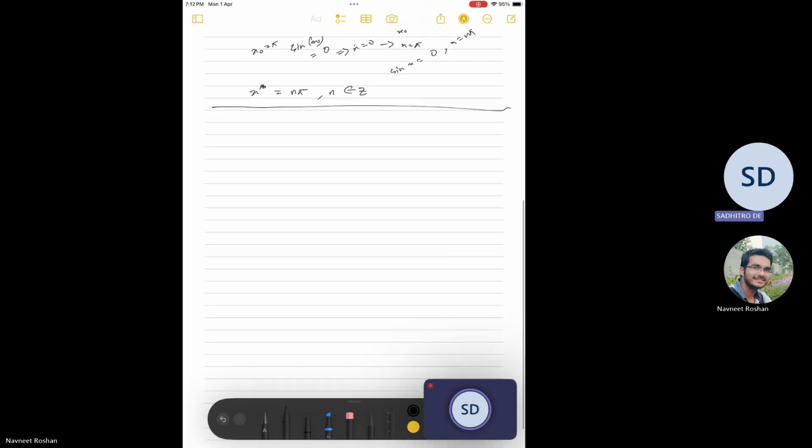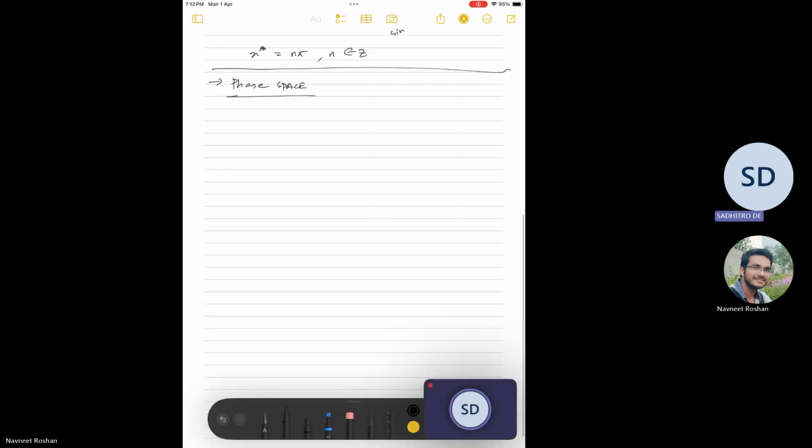So this brings us to some of the terminologies which we should get familiarized with as the course progresses. One is the concept of a phase space. What is a phase space? Phase space is basically the state space of a system. So for example, if the system is a 1D system, the phase space is the space of points of x and x dot, right?